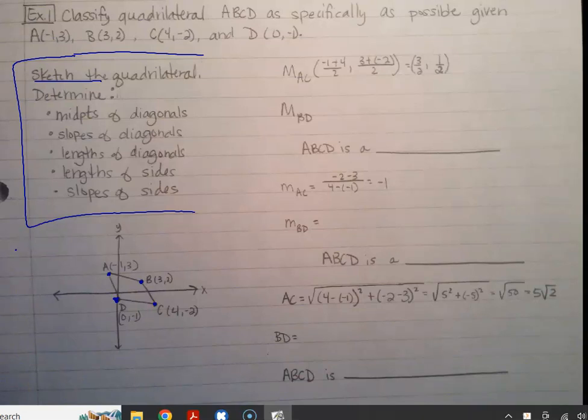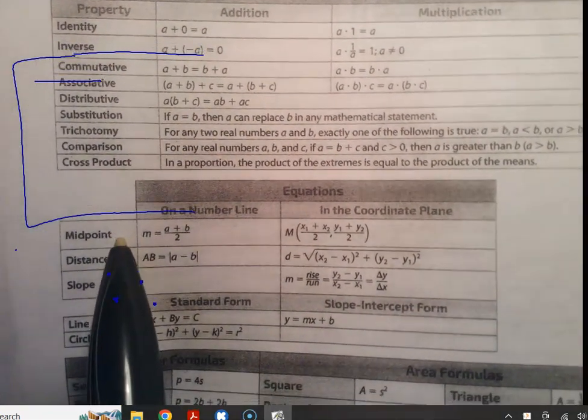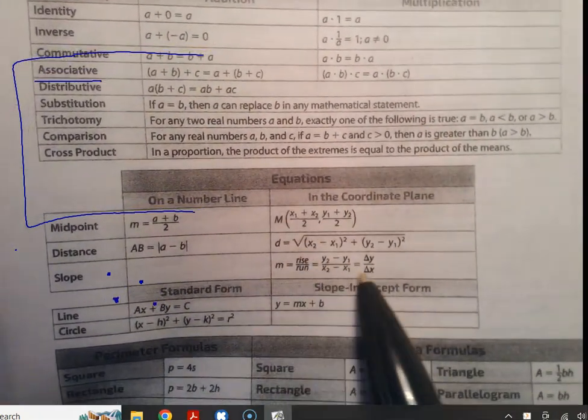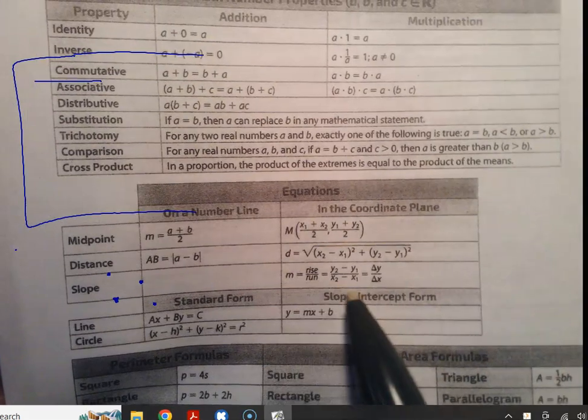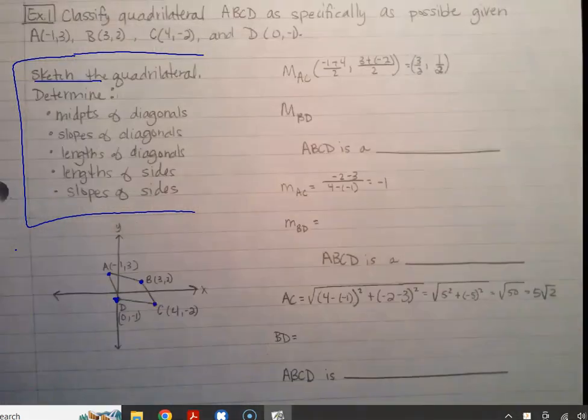I'm going to pull it up here for a second, and we've got midpoint, distance, slope, and notice it says in the coordinate plane. These are all the things we're going to be using today in your quick reference guide. I was going to write them up there, but I showed them to you instead.